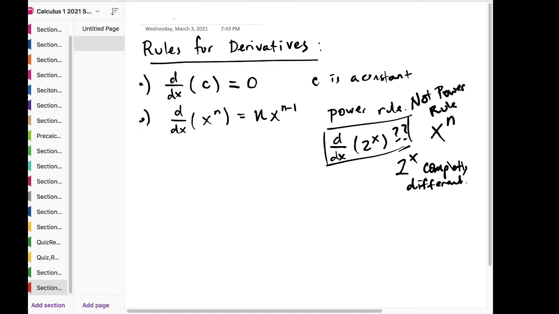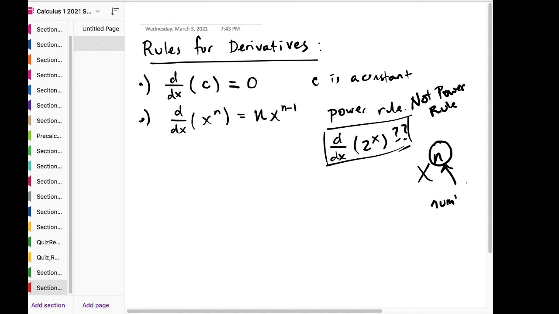So what is essentially a power function is anything of the form x to a, so the main idea is that this is a number. That's the idea. This has to be a number.